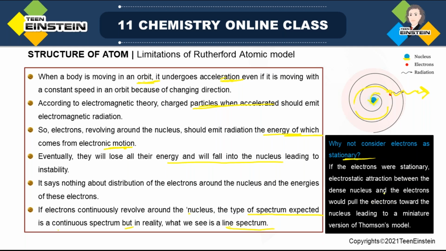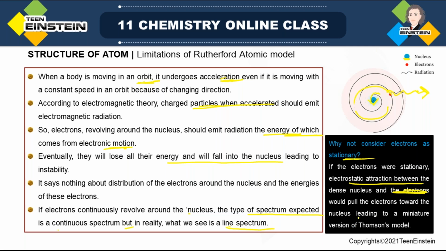But the answer is, if you consider electrons as stationary, obviously there will be some electrostatic attraction between the electrons and the dense, positively charged nucleus, and it will pull the electrons towards the nucleus.